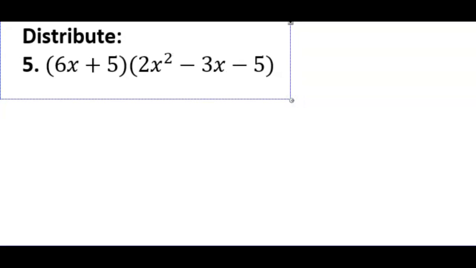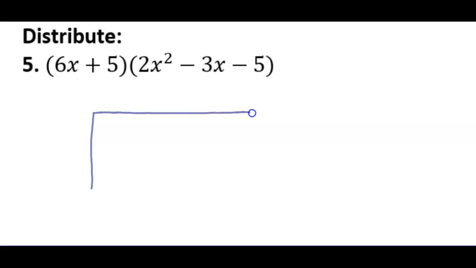Okay, so I'm going to show you how to do the box method with this one, just because it's a really interesting process. So it shows you about that combining of like terms. So I have 3 terms here. So because I have 3 terms there, I need to make my box 3 terms long and 2 terms high.